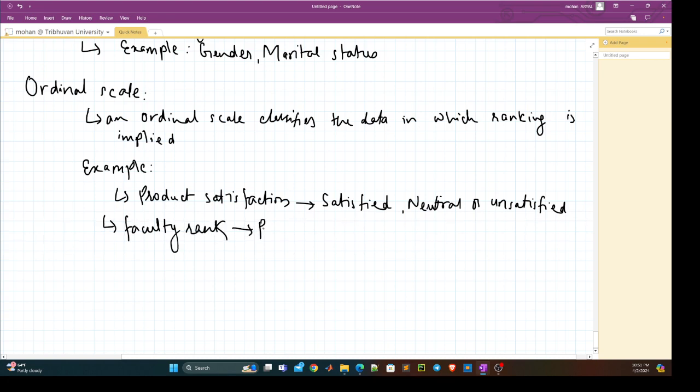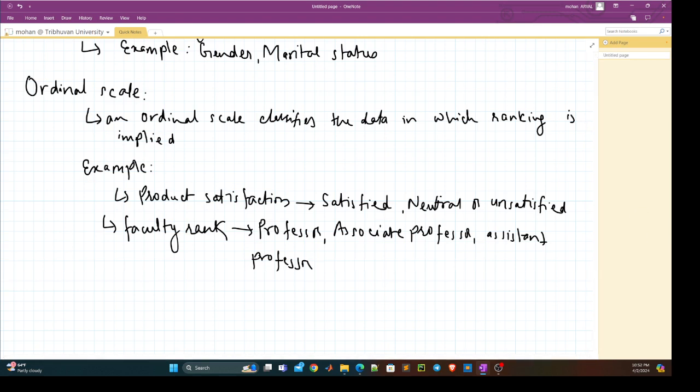First comes the professor, the second one is associate professor, and the third one will be assistant professor. Okay, this one is an example of ordinal. The next example can be student grades. The student can be graded according to A, B, C. Here the ranking is obviously implied.